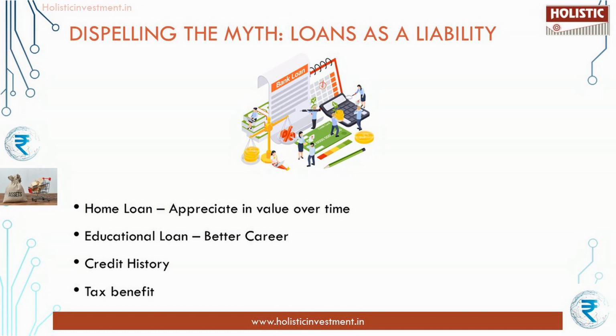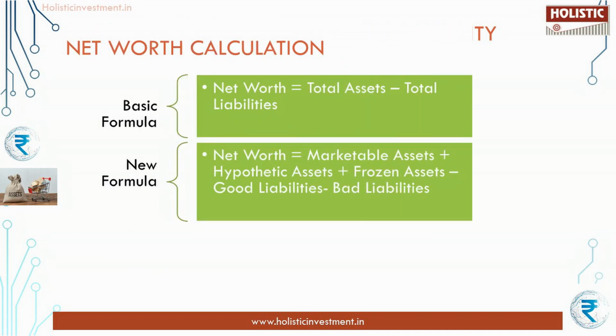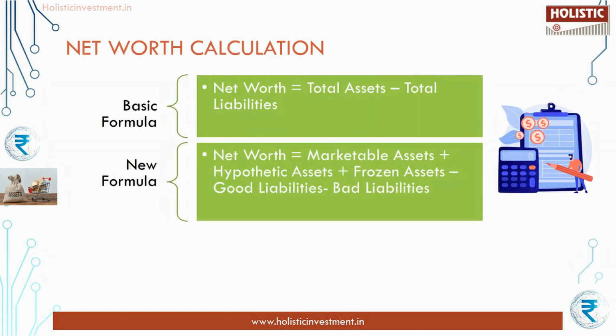Now let us move on to the important chapter: how to calculate your net worth by using the basic formula and the new formula. We all know the basic formula for net worth, which is total assets minus liabilities, but let us make a small change to this formula. Let's split the assets based on liquidity as mentioned before, and the liabilities into good and bad liabilities.